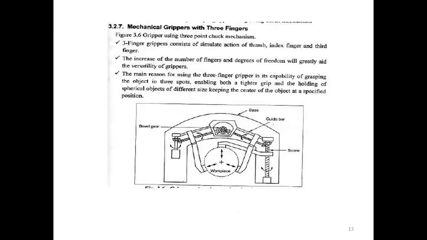So next, mechanical grippers with three fingers. In the case of mechanical grippers with three fingers, it uses a 3-point chuck mechanism. The three finger gripper consists of fingers that simulate the actions of the thumb, index finger, and third finger.